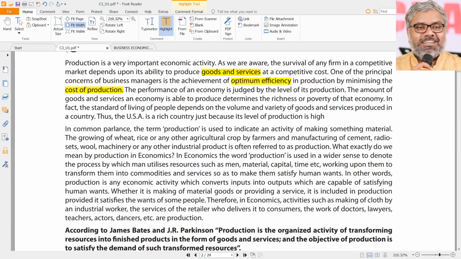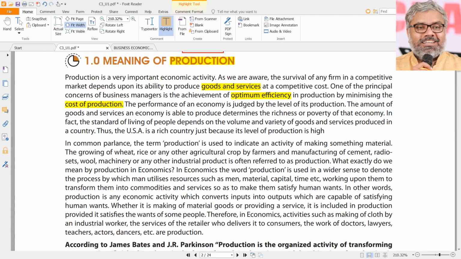So the performance of an economy is also judged by its level of production. Naturally, when we say GDP, though it is a macroeconomic concept, gross domestic product is nothing but the value of all the goods and services produced by all the organizations and individuals in a year in a particular country.